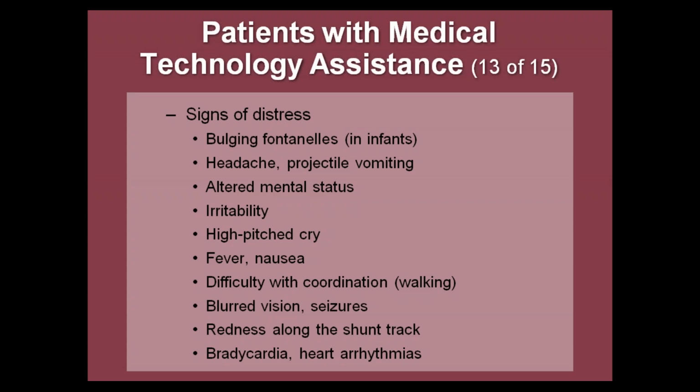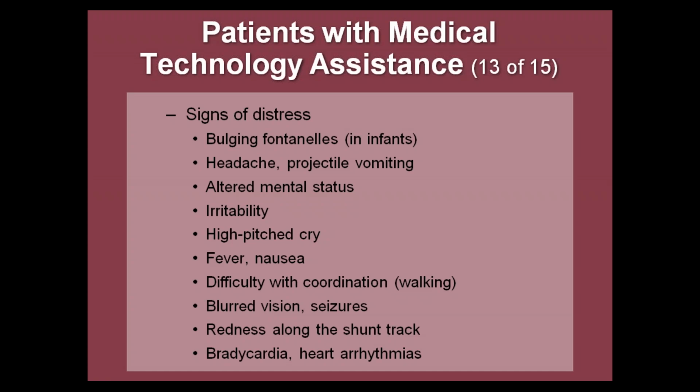I mean, they're in agonizing pain when it comes to this. Fever, nausea, that's also going to be related to the infection. Difficulty with coordination and walking because things are going to be off. They're going to have so much pressure, it's going to affect how that brain is functioning, which could cause them to have that difficulty with coordination.